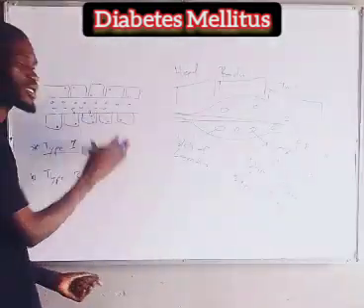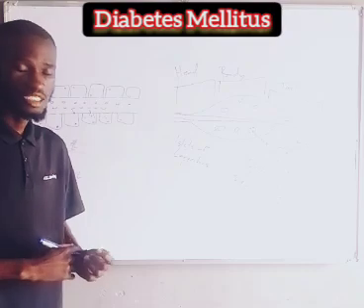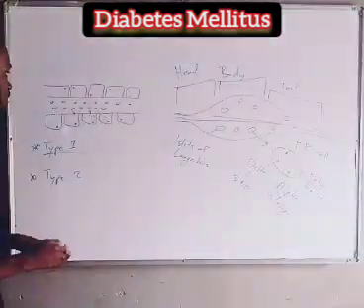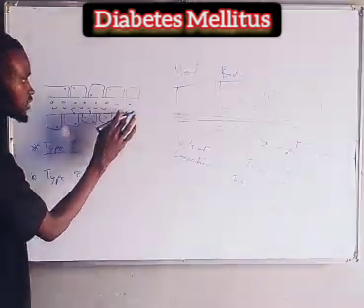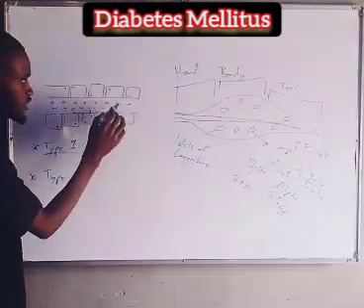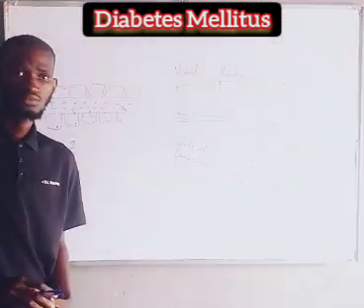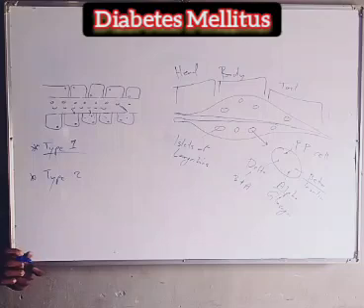These cells do not respond to insulin action. That basically means that even if we have enough insulin here, this cell is failing to open for this glucose to enter the cell. This is what happens in type 2 diabetes.